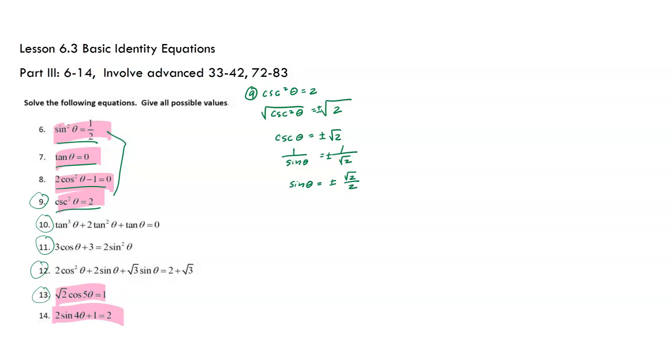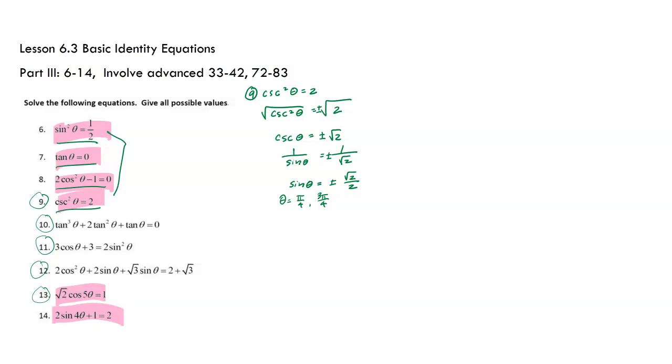Okay, so we're looking at all the thetas where sine is square root of 2 over 2. So if I look on my unit circle, it's going to be pi fourths and 3 pi fourths.